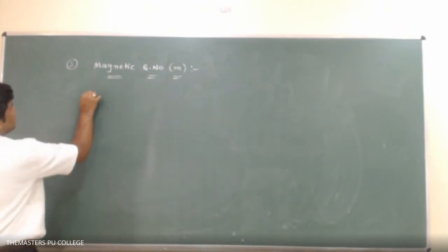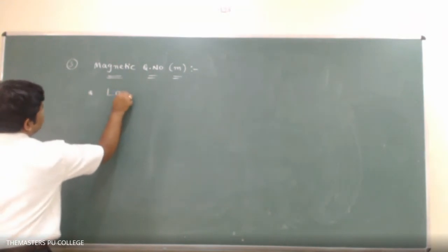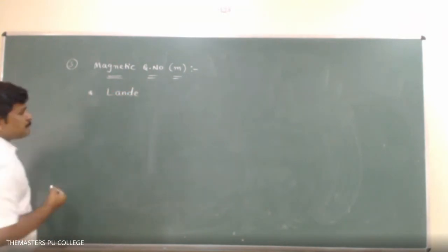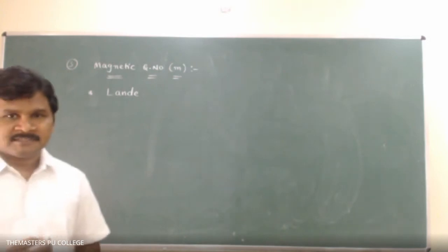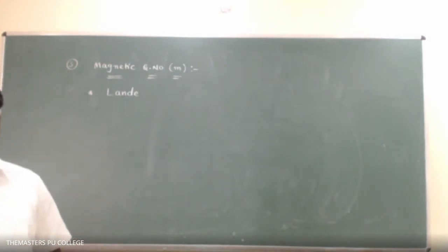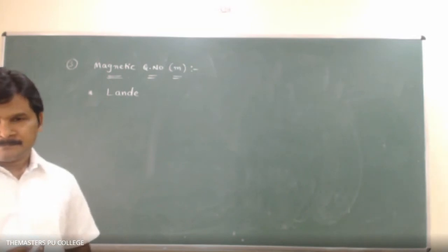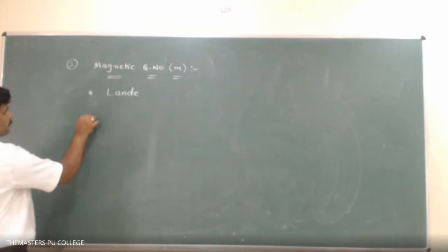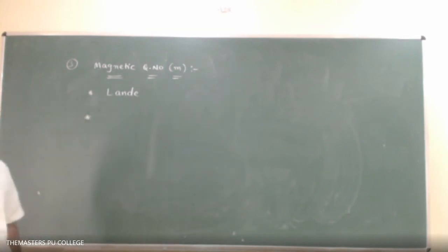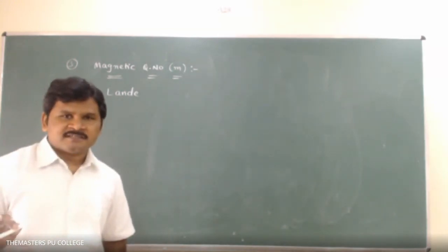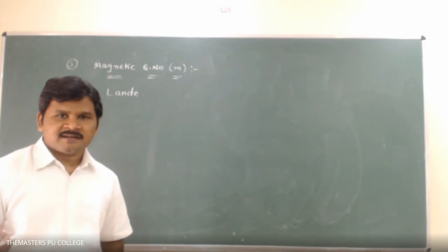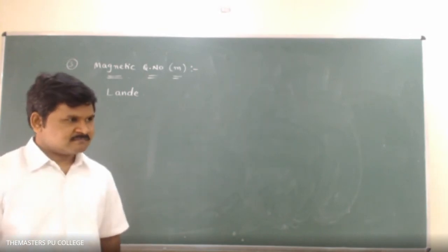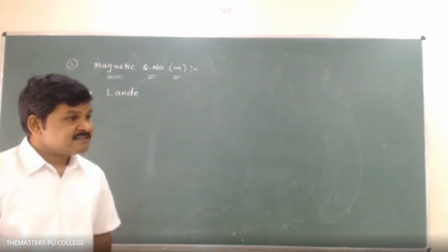This magnetic quantum number was proposed by Lande, a scientist. Listen: m values depend on l values. M values depend on what? L values.